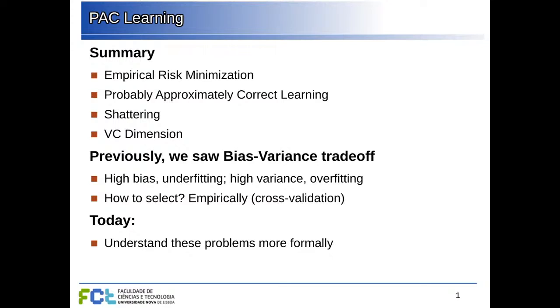So we're going to start with some concepts, this empirical risk minimization and probably approximately correct learning, and we're going to see how we can derive some boundaries for the errors we get in our classifiers, both for assuming we have hypothesis classes that are finite, that we can enumerate all the individual hypotheses, or then with shattering and the Vapnik-Chervonenkis dimension, we will see how we can extend that to a continuous parameter space where we have actually an infinite number of hypotheses.